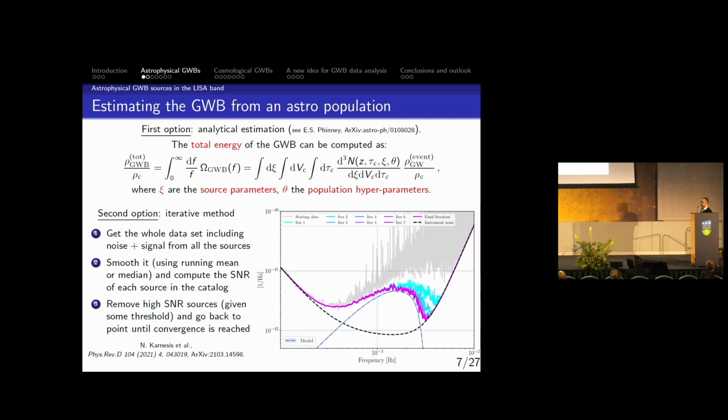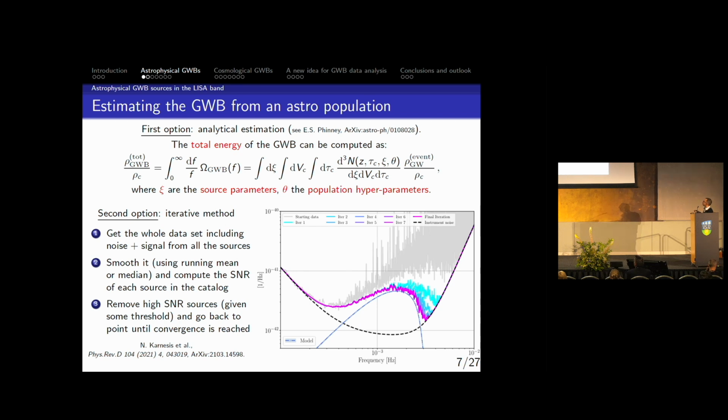What you can do, which is a little bit more realistic and more accurate, is to, for example, use some iterative procedure, which is something we came up with in this paper 3 years ago now. So what you can do is to take catalogs of sources, compute the waveforms for all the events in the catalog, sum them all up together with noise. That's this gray band here. Then what you can do is to smooth it out and check what are the SNRs for the sources in the catalog when you also include the confusion noise due to all the other sources.